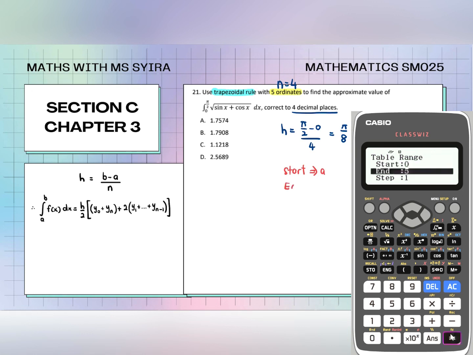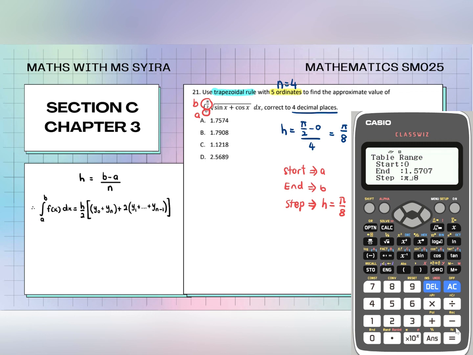Okay, and then value of b. Value of b kita adalah pi over 2. So shift pi over 2. And then step tu maksudnya kita punya h lah. H tadi kita dah kira, h adalah pi over 8. So shift of pi over 8. So that is our h.